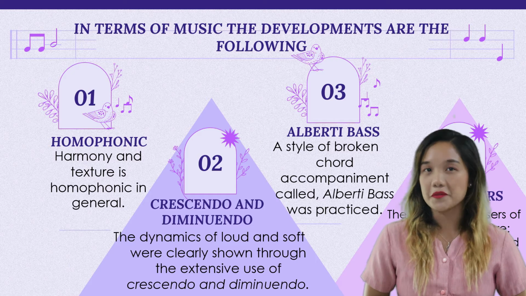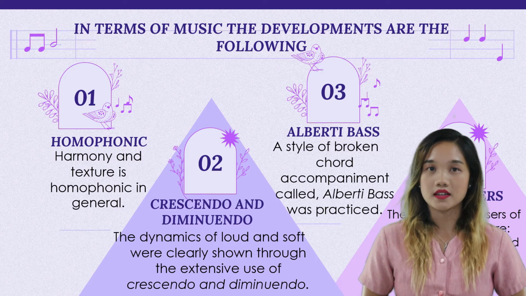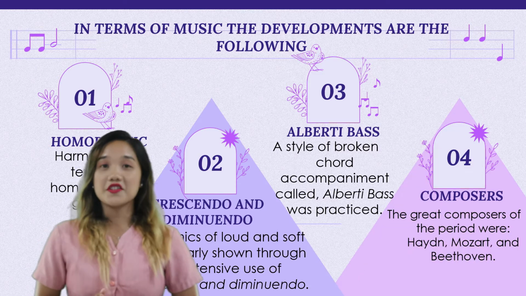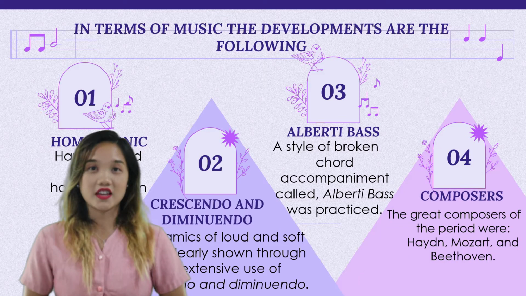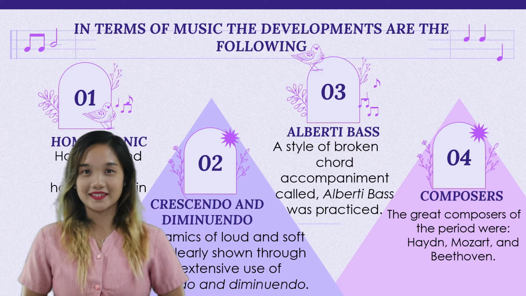Third, the Alberti bass, a style of broken chord accompaniment called Alberti bass was practiced. And the fourth is composers. The great composers of the period were Haydn, Mozart, and Beethoven.